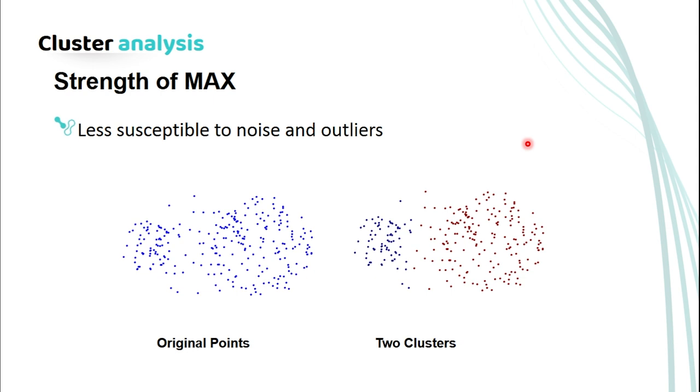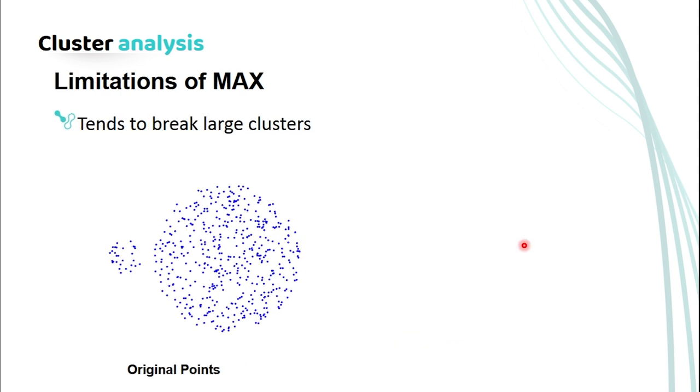The strength of the max method is that it is less susceptible to noise and outliers. If we use max on this data, we will cluster the data points into these two clusters, and we can see this result is correct compared with the result of using min.